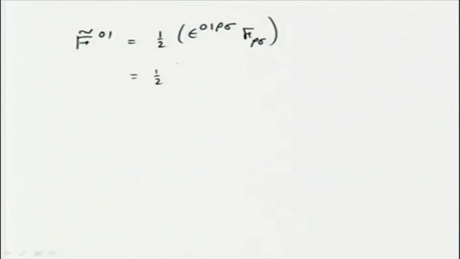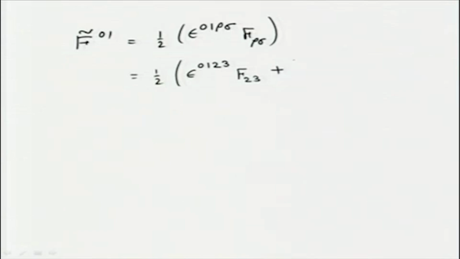Since epsilon already has fixed two of the indices, 0 and 1, rho and sigma can take the rest of the indices, which are 2 or 3. When I set rho equal to 2, sigma can take only one value, which is 3, because we cannot repeat the indices. So, here rho is equal to 2, sigma is equal to 3. Add this to other possibilities. That is what you mean by taking the summation over rho and sigma.